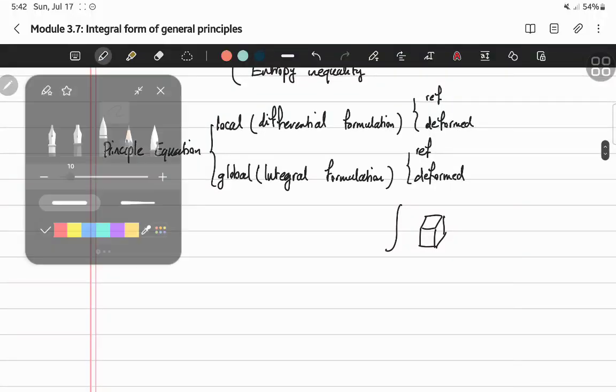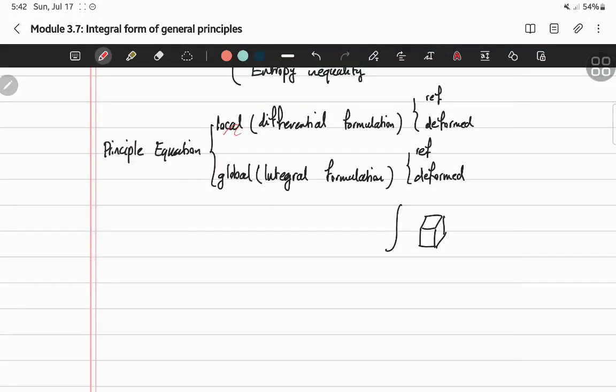You should also know that you can always move from the local to the global, and vice versa. If you develop a field equation or principal equation in a local formulation, you can always move towards the global formulation.